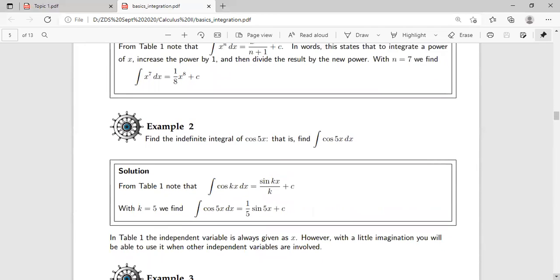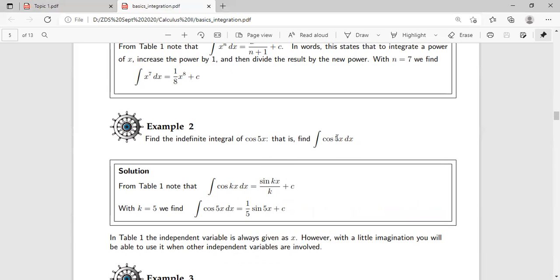If, for example, we were to use the table to look at the integral of cos 5x dx, then we are going to apply the rule. When you apply the rule, we know that the integral of cos kx dx is equal to 1 over k sin kx plus c. So in this case, our k is equal to 5.